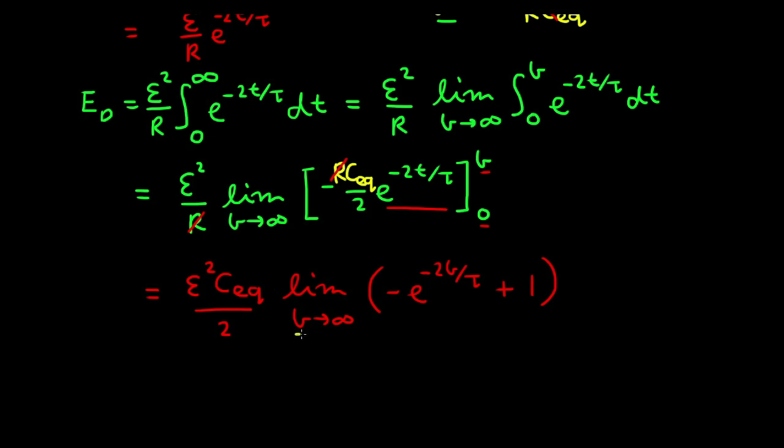So as b approaches infinity, this term goes to 0. So what we get is the total energy dissipated by the resistor is 1/2 by the equivalent capacitance by the square of the electromotive force, which is equal to the total energy stored in the capacitors from part B as expected.